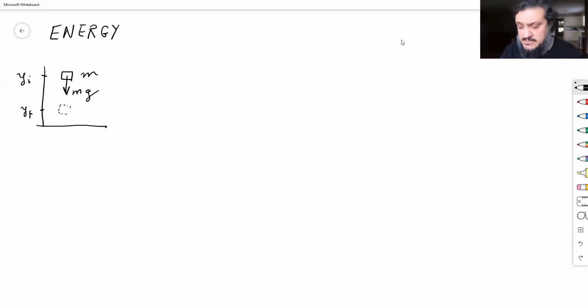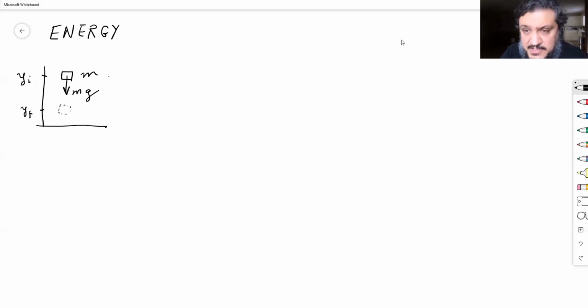Now, work is, when the force is a constant, basically force times distance, right? You are familiar with that idea. And in this case, both the force and displacement are vectors which point downward. The angle between them is 0. So it's simply a simple multiplication.